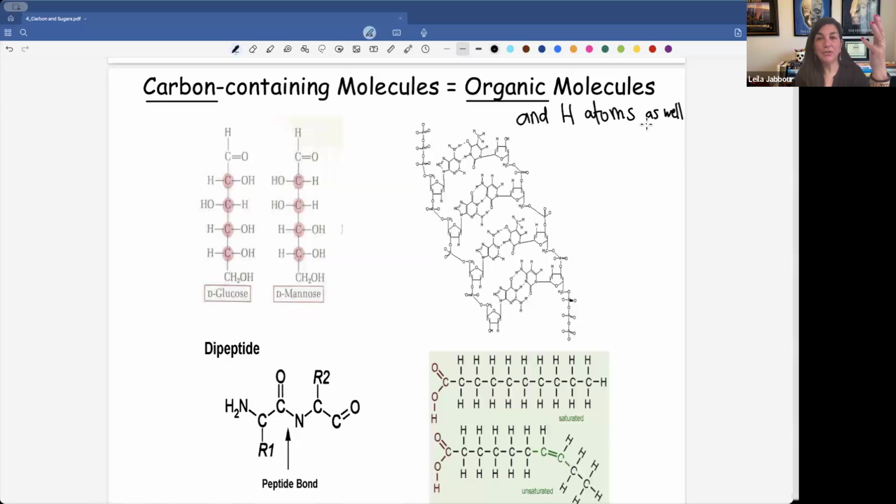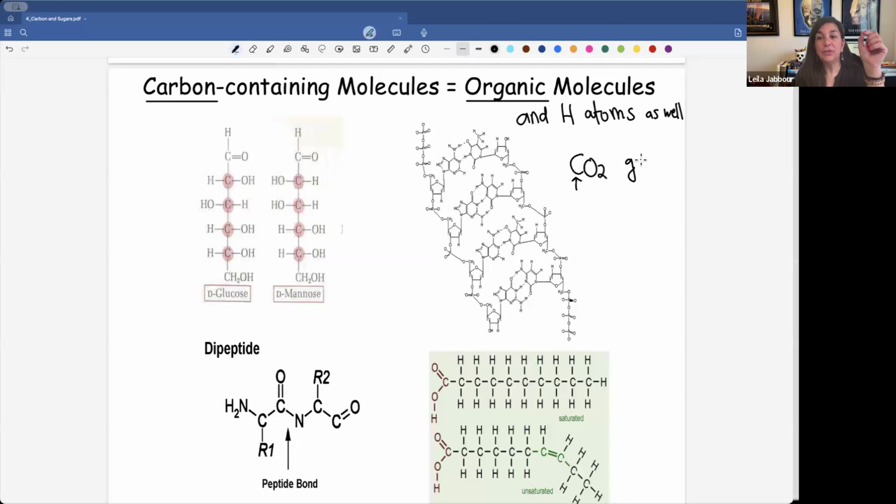So this usually goes with carbon. Usually carbon is attached to hydrogen anyway, but I want to make that precise here because, for example, the gas carbon dioxide, which you exhale, is not considered organic, even though it has a carbon in it. CO2, that's a gas. It's carbon dioxide. It has one carbon and two atoms of oxygen.